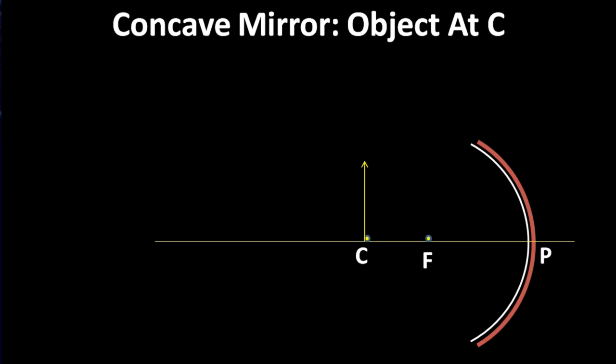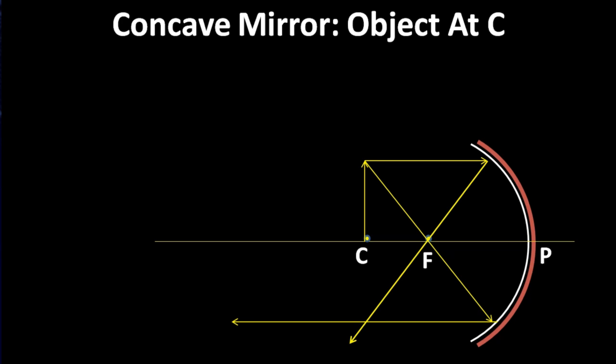Now the object is shifted one position towards right and now it is at C. A ray of light coming parallel to the principal axis, after reflection, passes through the focus. A ray of light passing through the focus, after reflection, goes parallel to the principal axis. The two reflected rays meet such that a real and inverted image is formed at the center of curvature itself.